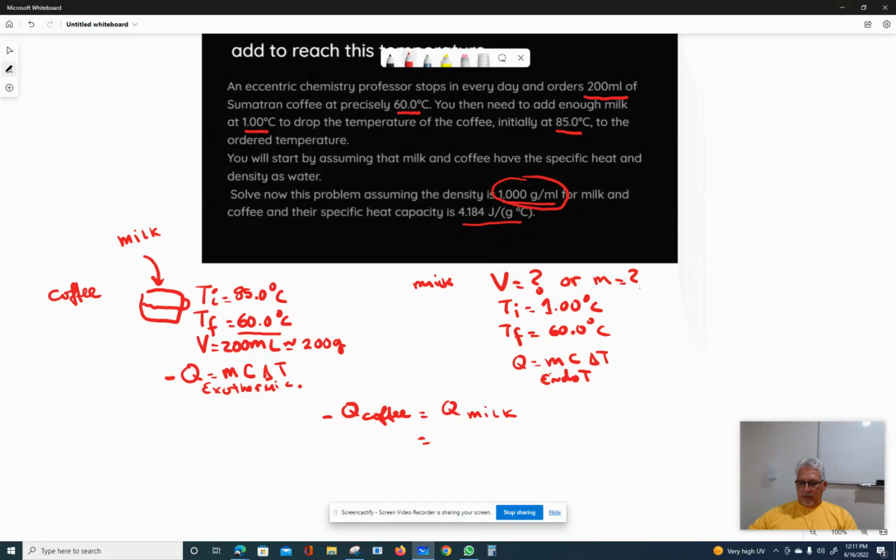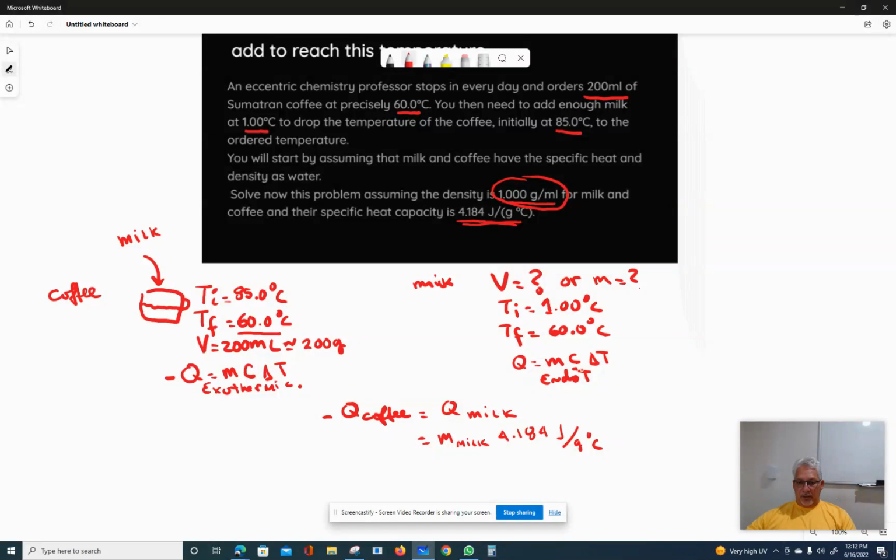And now we can start plugging everything together. Do we know the mass of the milk? No, that's the one we need to find. Do we know the heat capacity of the milk? Yes, they give it here. They say assuming that the coffee and the milk have the heat capacity of 4.184 joule per gram Celsius. So we know.